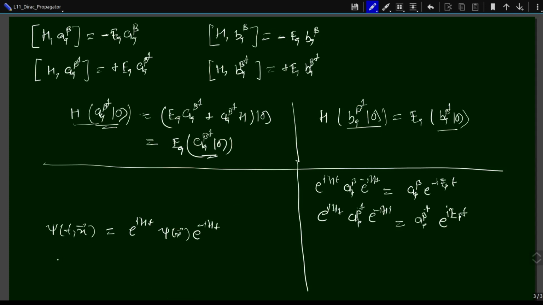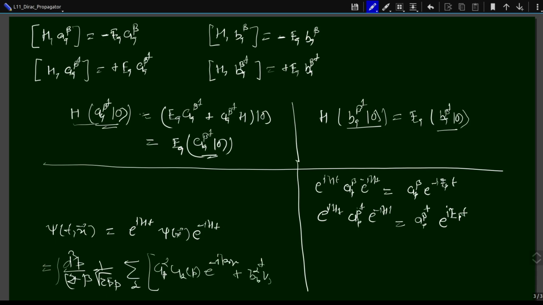But for completeness, I write d^3p over (2π)^3, 1 over square root of 2E_p, sum over α of a_p^α u^α(p) exponential minus i p dot x, plus b_p^α dagger v^α(p) exponential plus i p dot x. This is also a 4-vector product.